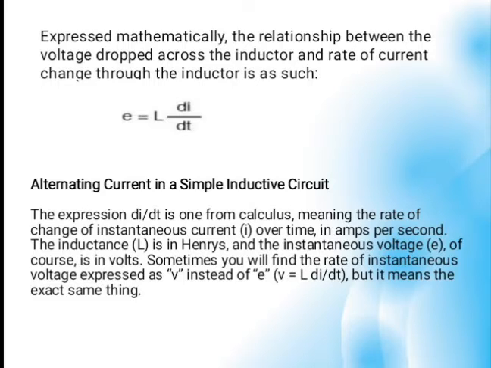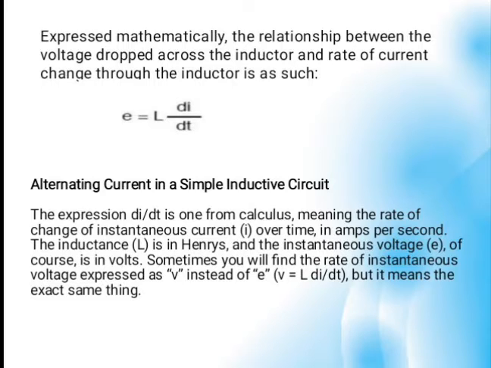Alternating current in a simple inductive circuit. The expression di over dt is one from calculus, meaning the rate of change of instantaneous current i over time in amps per second. The inductance L is in henries, and the instantaneous voltage E, of course, is in volts.